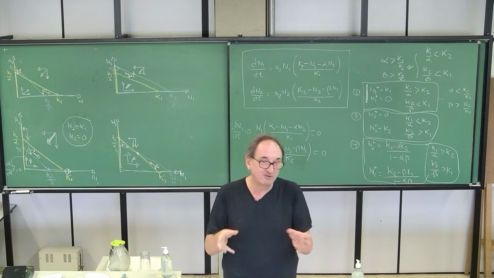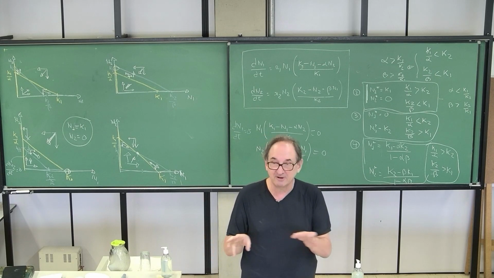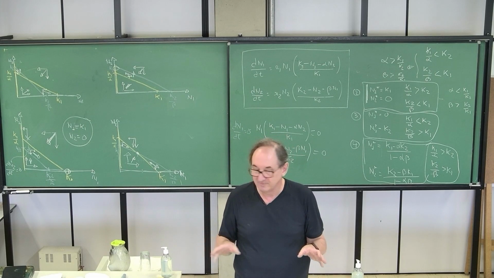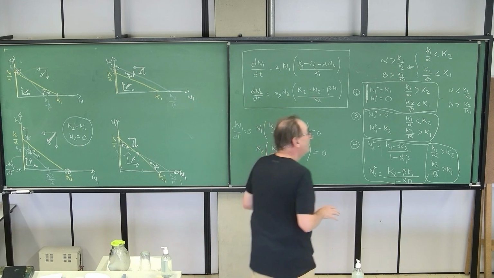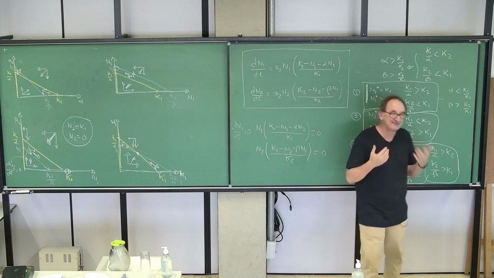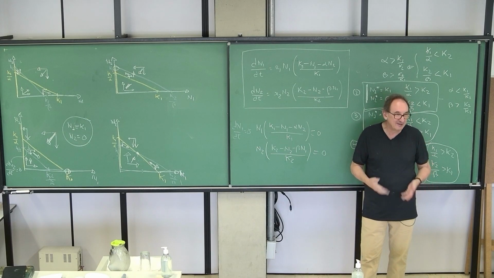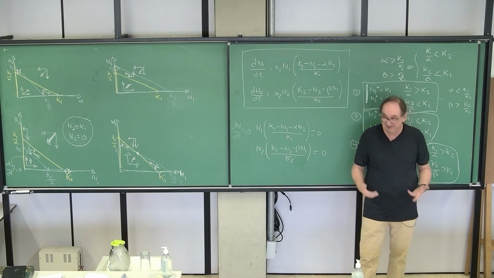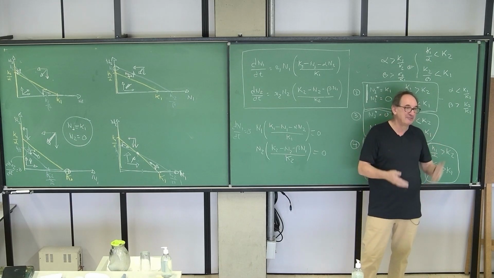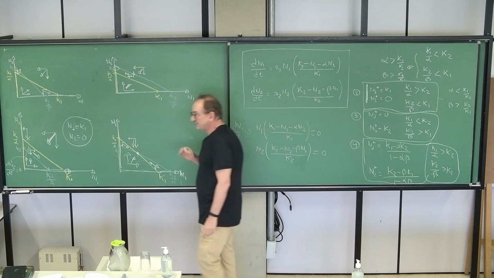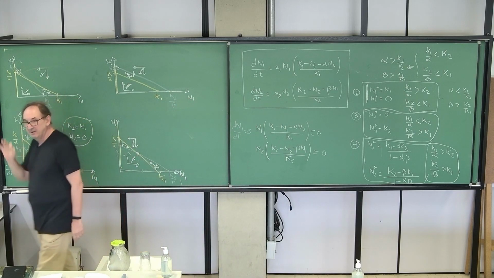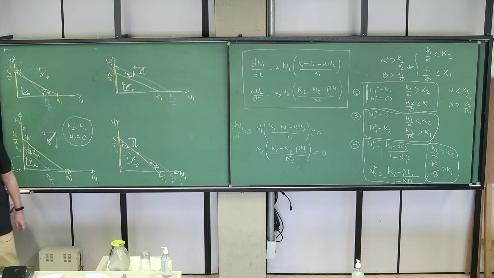Therefore, they can coexist because they don't compete so much. So it's a hand-waving argument, because we are in a phenomenological theory. We are not modeling the resources. And we will do this, and then we will reobtain the principle of competitive exclusion in a much better and more precise way than this one.